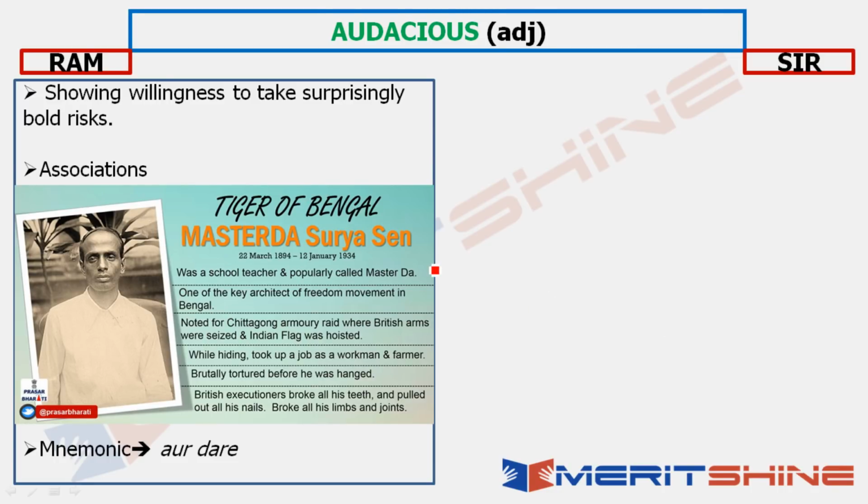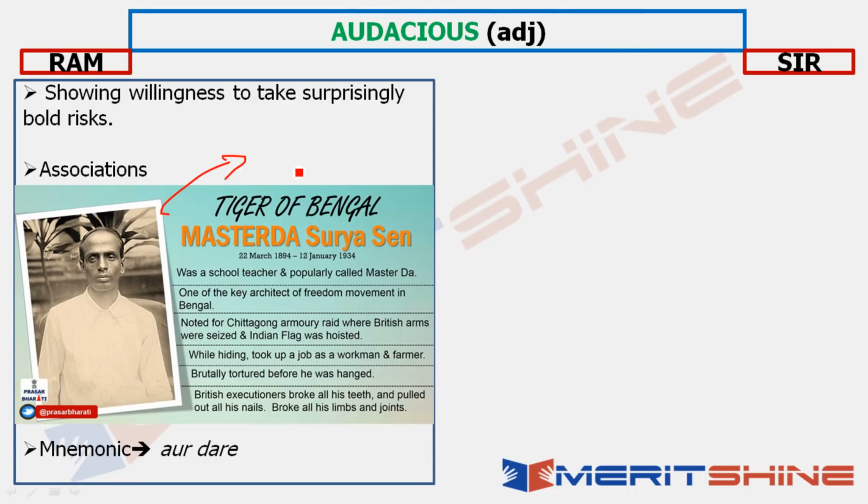He went to his home, and Netra Sen betrayed him to the police. Master Da was captured, tortured, and died in 1934 after heavy torture from the British police, and his body was thrown in the sea.